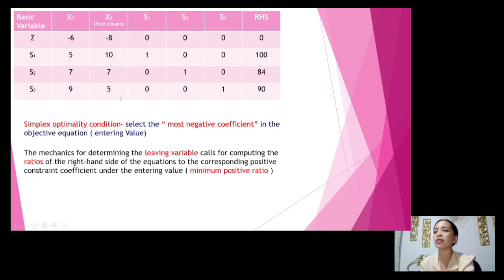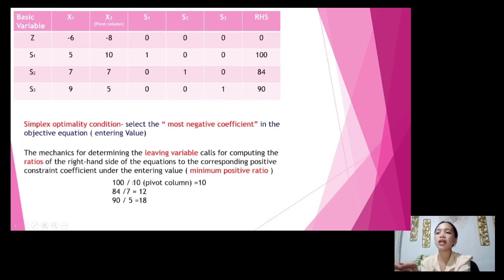The mechanics of determining the leaving variable calls for computing the ratio of the right-hand side of the equation to the corresponding positive constraint coefficient under the entering variable. So here we should find the minimum ratio from the RHS. For us to find the minimum ratio, we should divide the RHS by our pivot column.